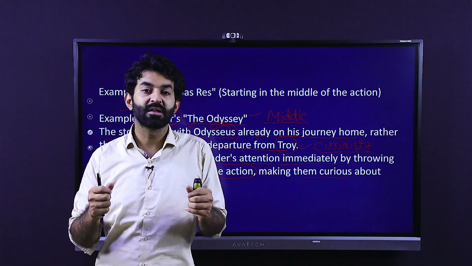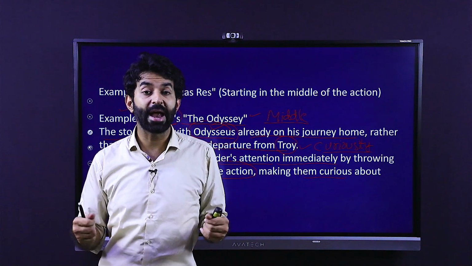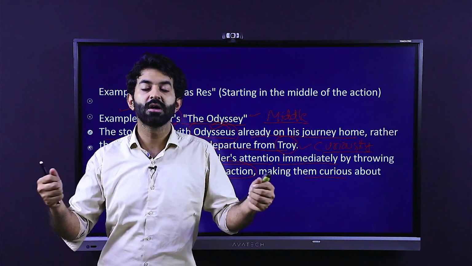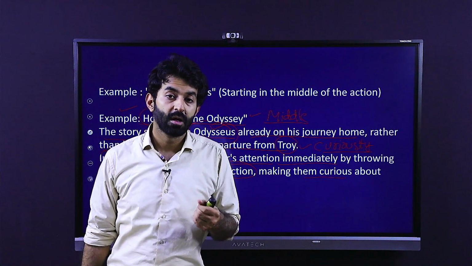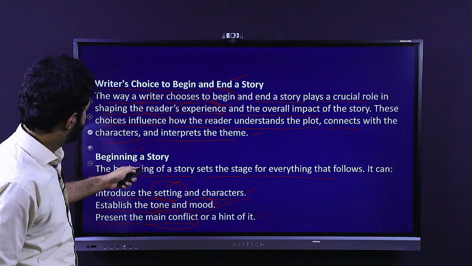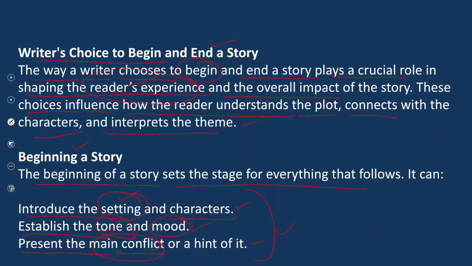This is also a style of the author, to tell you the ending first and then go back to the middle, to show how the character ended up over here. But the most common one is beginning the story with these different kinds of information.